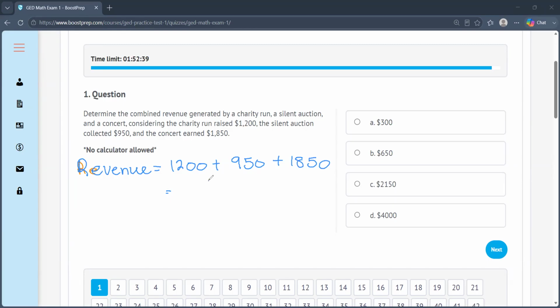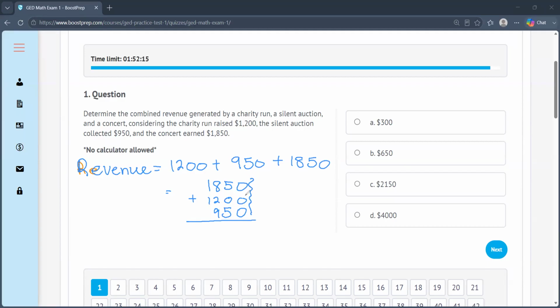I would put 1,850 on the top, and the next larger one is 1,200, and then the smaller one is 950. You do have to line it up: put the nine above the two. When I say aligned, I mean aligned to the right. Then just add them up vertically.